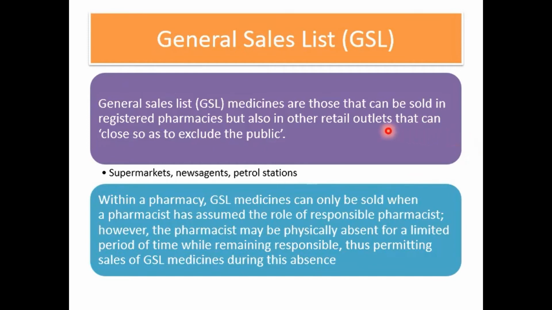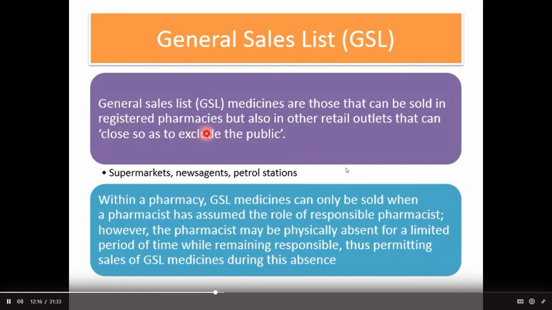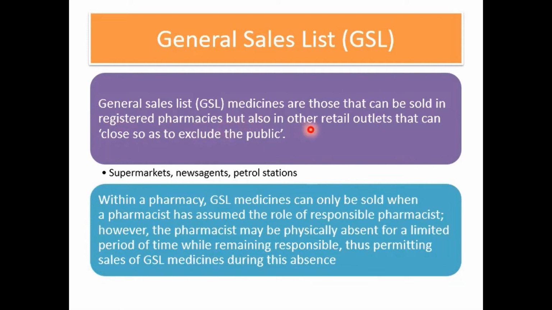Now, remember, they can be sold in a registered pharmacy. So you can still sell them in a pharmacy, but they can also be sold in other retail outlets, as long as those retail outlets can close. You need to be able to exclude the public at some point.